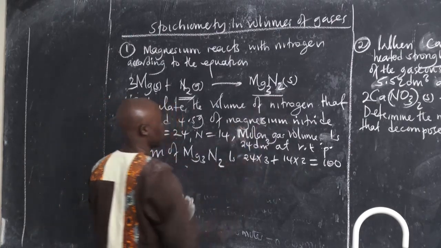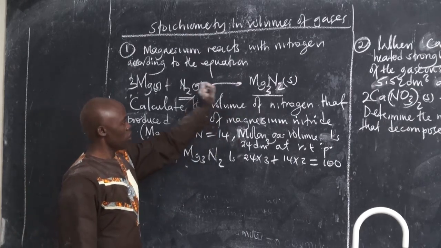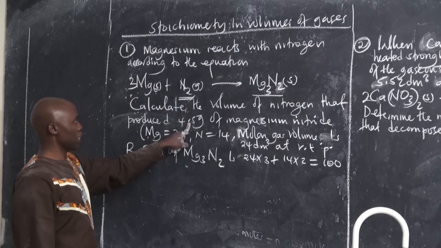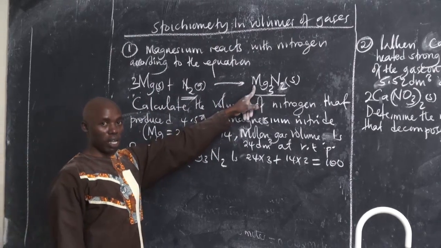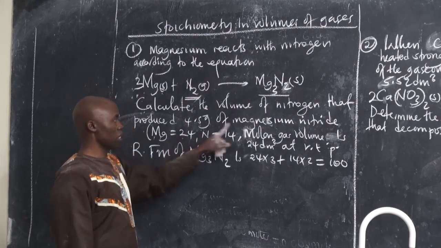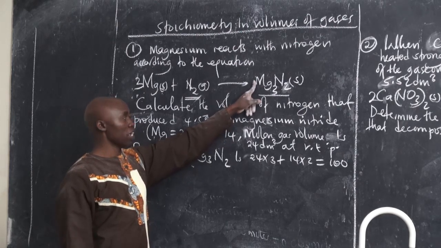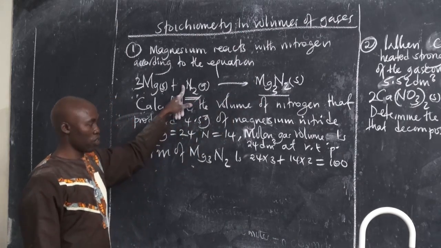Now they want the volume of nitrogen, so they want this to be related to this. Since you are given mass, we shall start with the one we are given to calculate the one we don't have. They gave us the mass of magnesium nitride, so 1 mole of magnesium nitride is produced by 1 mole of nitrogen.